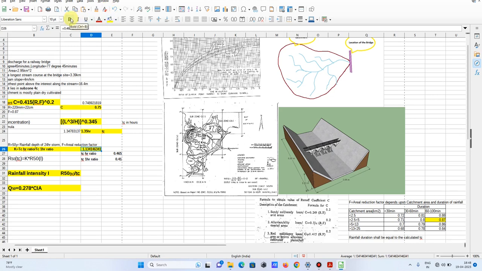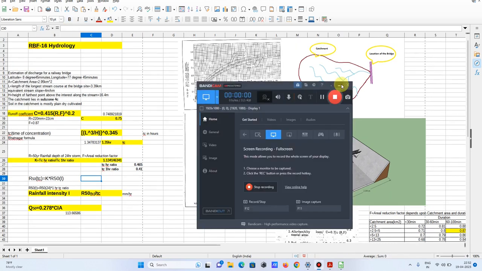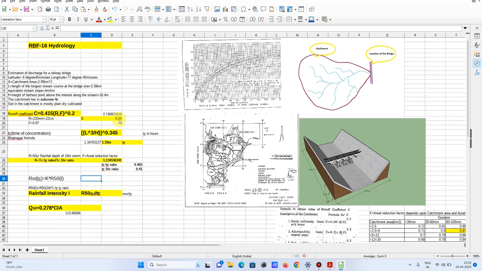We have found the value of this K factor, that is the ratio of TC hour ratio to the TC 1 hour ratio. It is coming to be 1.13.